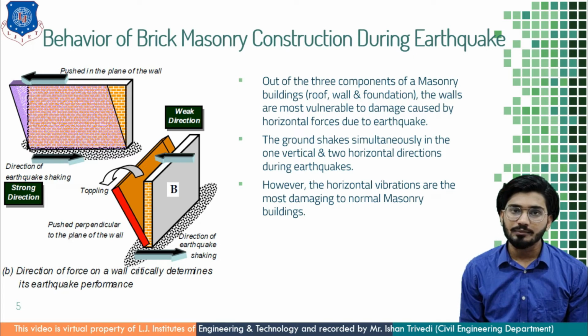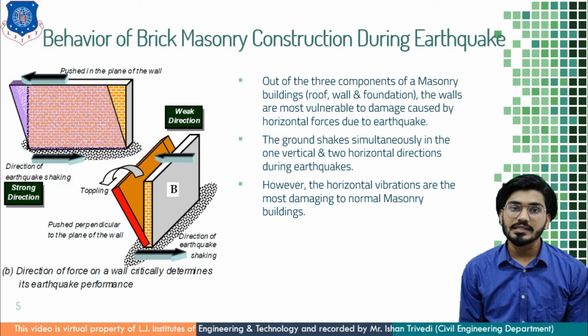Among all these three components, the wall is very much affected by these horizontal forces. The ground shakes simultaneously in the vertical direction and in two horizontal directions, where x and y are the horizontal directions and the vertical direction is the z direction.